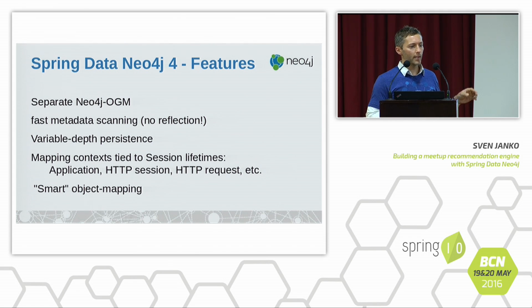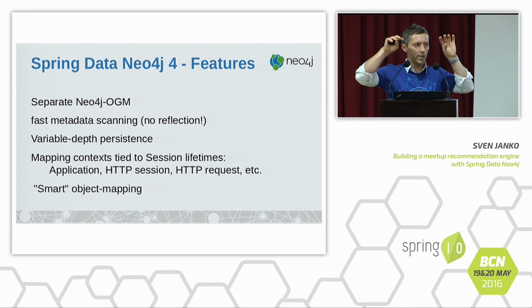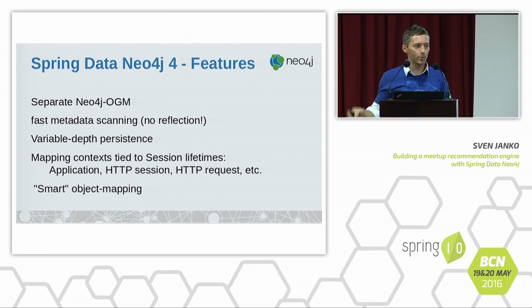So let's say you have a node which is connected to another node, and then this node again is connected to another node. So you have two relationships, so the depth would be 2 in that case. And if you don't want to store all the data that is being fetched from the database, you can reduce the depth parameter in your application and then saying just store or just persist the first level. That's all I want to persist. That's what variable depth persistence is managing.